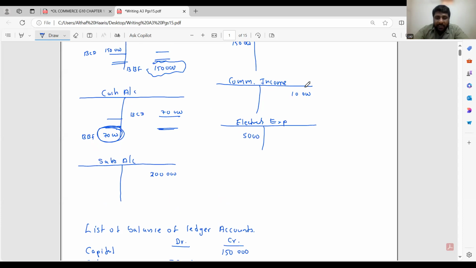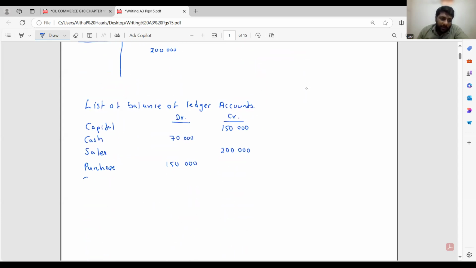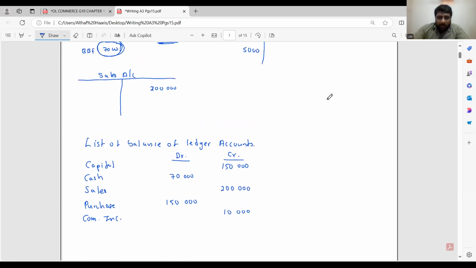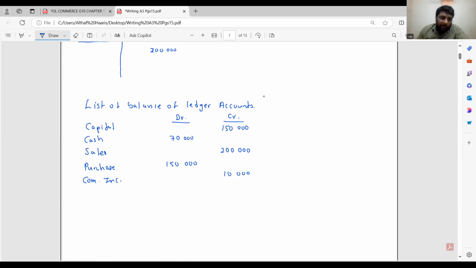Then commission income, credit side, 10,000. Then electricity expense, debit side, 5,000.